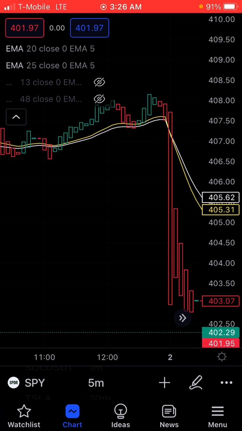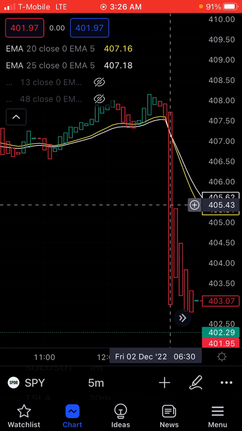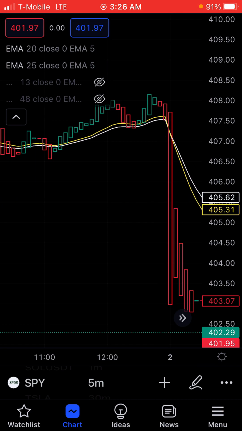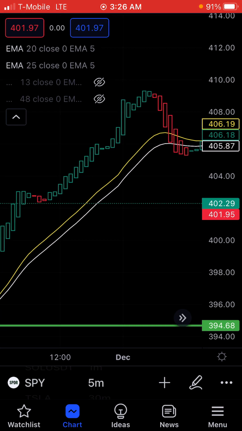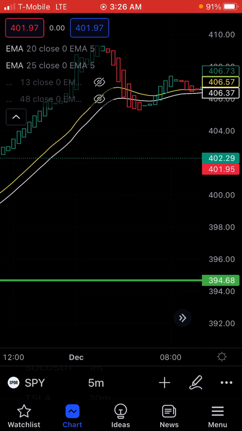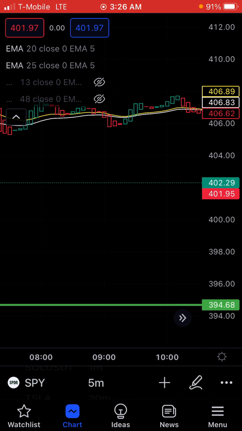It goes straight down. These are different days, but even though it's the start of a different day, you get the general idea. You follow the line, and the second the 20 and the 25 touch, the candles will change direction. So that's how you know when to get out.